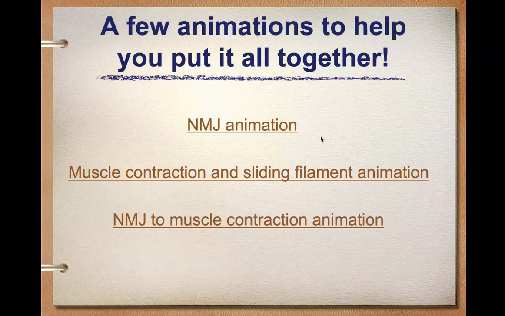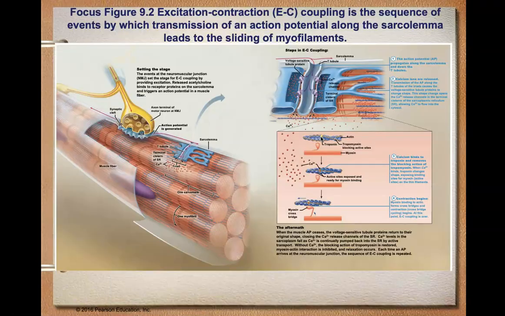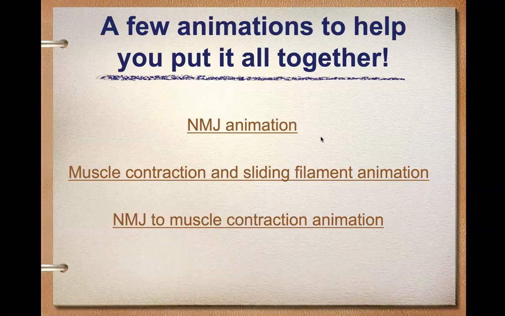Okay, so I think it's helpful to have a few animations. I'm a very visual learner, and I think it's very helpful to have some of these animations. So please take the time, pull up my PowerPoint, click on these links, and watch these animations. This one does a really good job of focusing on just what's happening at the neuromuscular junction.